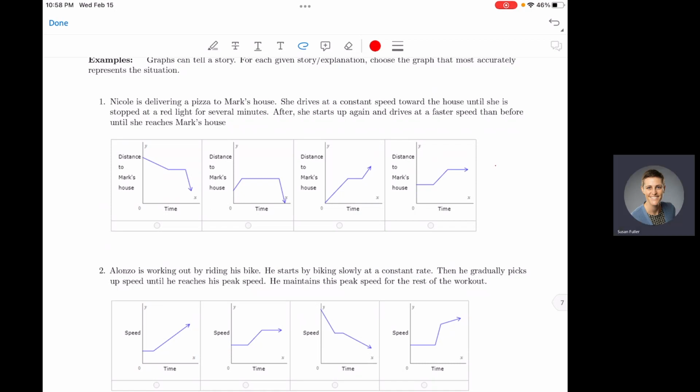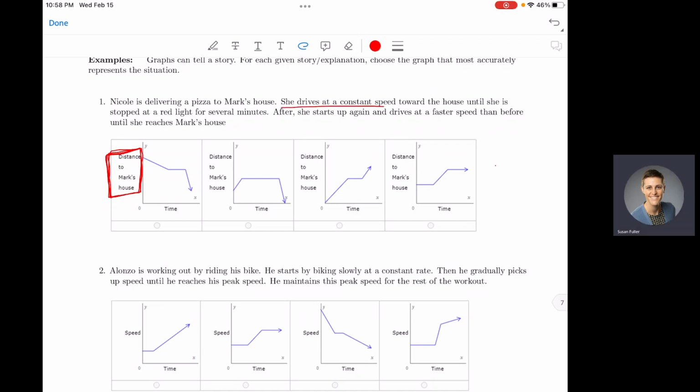And we need to figure out which of these graphs best represents that. So again, I want you to pay attention to what our y values represent here. So we want to think about how the distance to Mark's house is changing through this scenario.